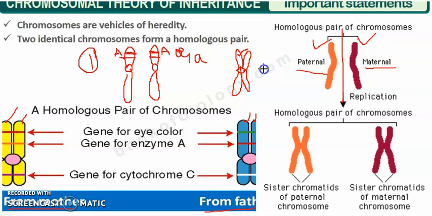So maternal or paternal chromosome copy is what is called sister chromatids. So all the genes present in this chromosome will be placed here also. It is a copy, okay? A photocopy പോലെയാണ്. sister chromatids എന്ന് പറയുന്നത് photocopy പോലെയാണ്. അവരുടെ main chromosome copy, exact copy, right?